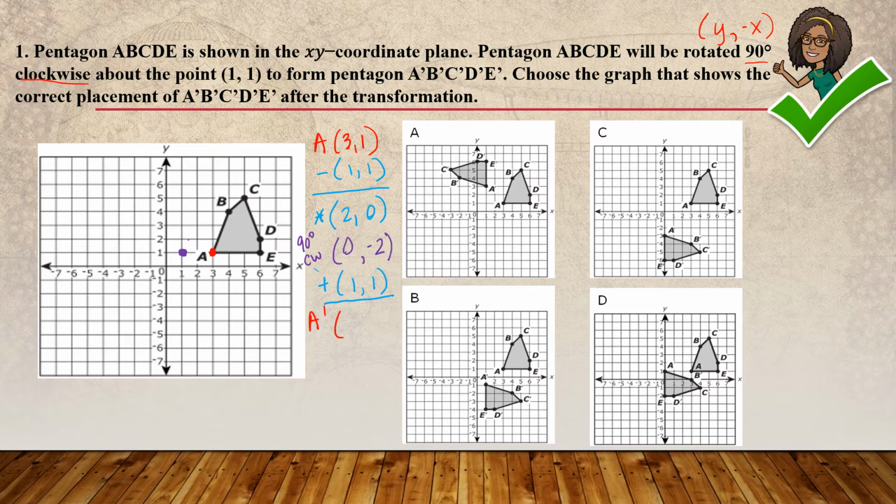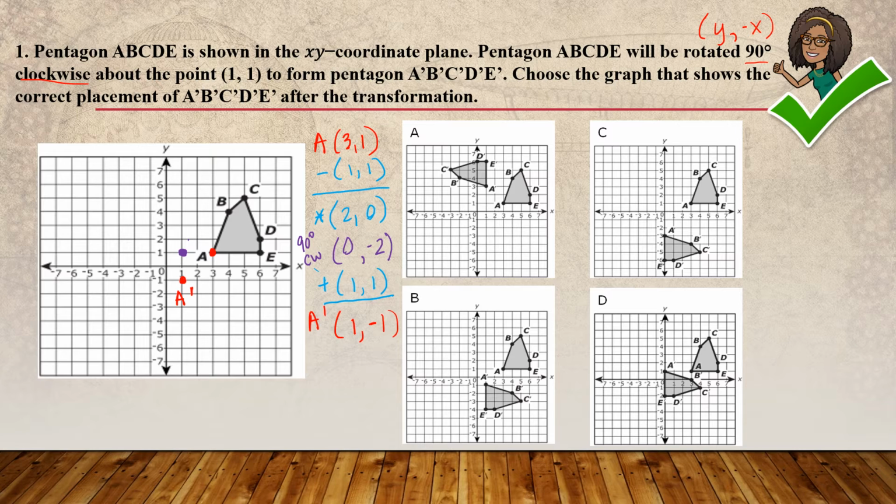When we add that back, we have (1, -1). 1 plus 0 is just 1, and negative 2 plus 1 gives me negative 1. So my new point, (1, -1) for A', is here.